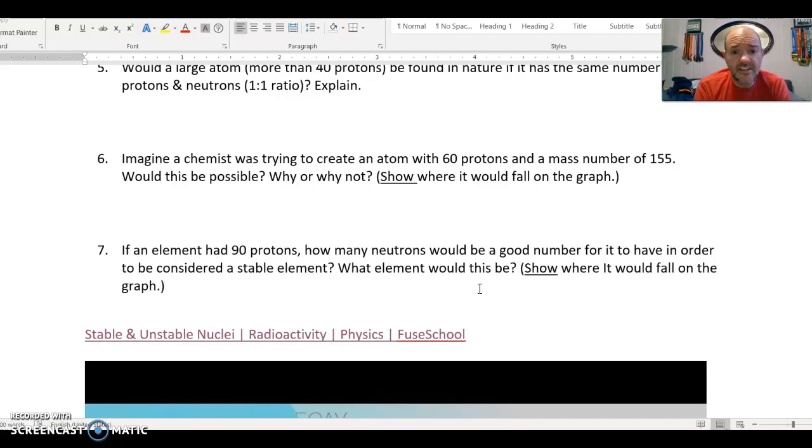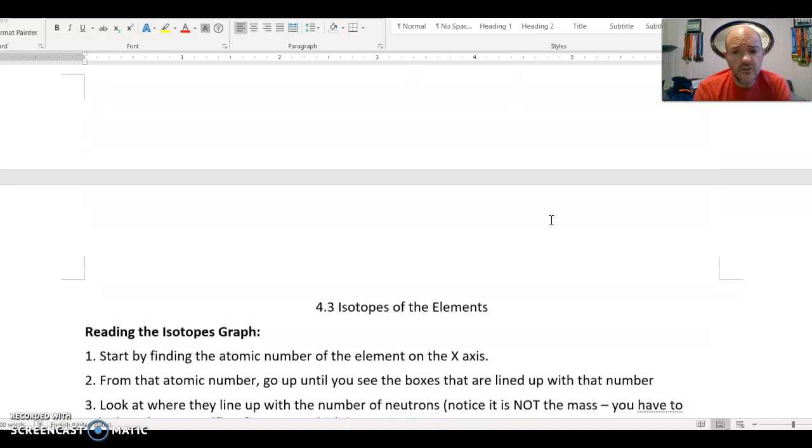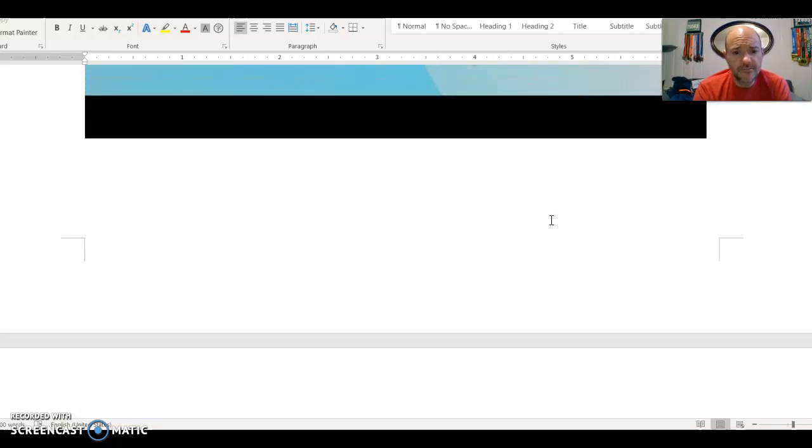And if an element has 90 protons, I want you to look and see how many neutrons it would probably have to have and kind of show where that would go on the graph. If you're doing this, reminder, you can go up to the menu bar up at the top and hit the draw button. You should have that, and you can draw in stuff on the graph.